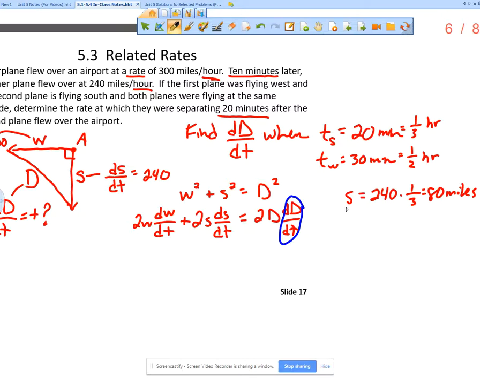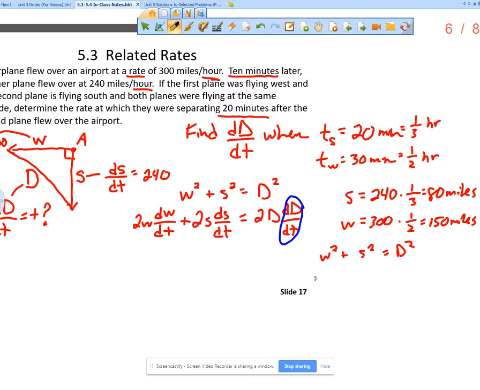All right, but what about the westbound plane? How far would it be? Well, we would take 300 times the amount of time that it was traveling, half of an hour. So 300 times 1/2 is 150 miles. And so now, knowing S and W, we remember that W squared plus S squared is equal to D squared.